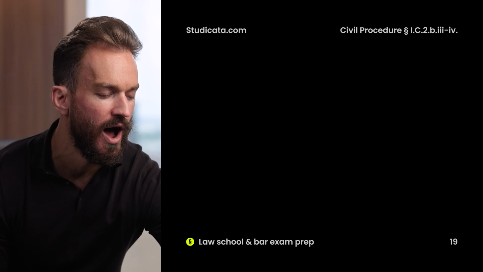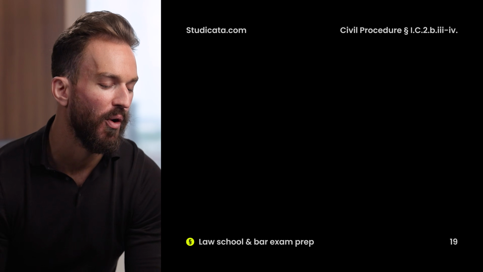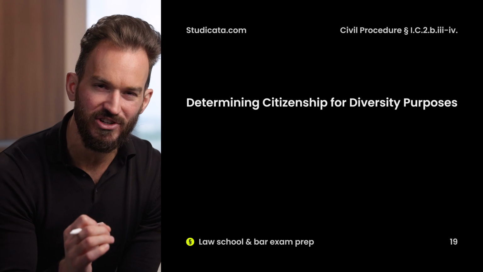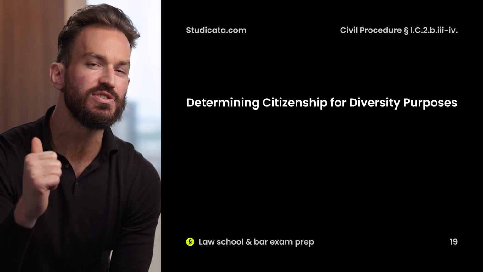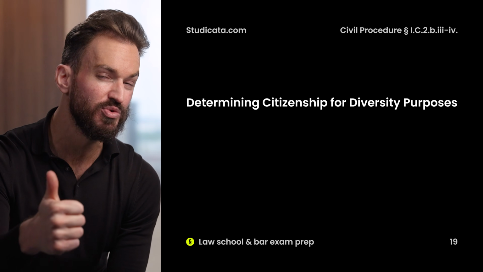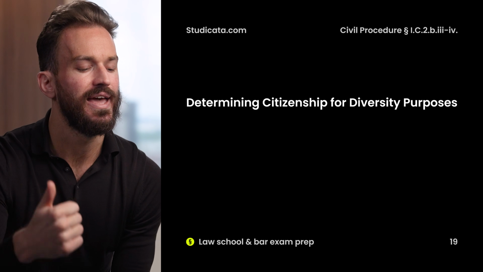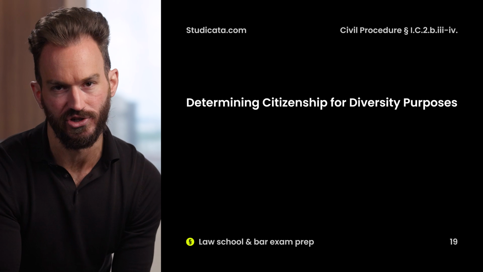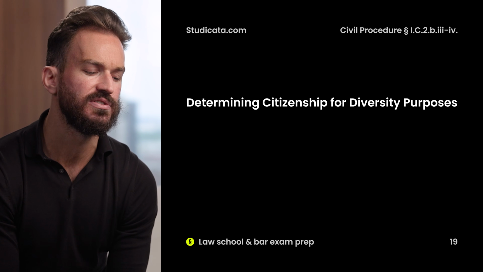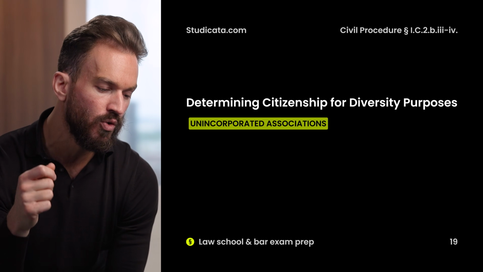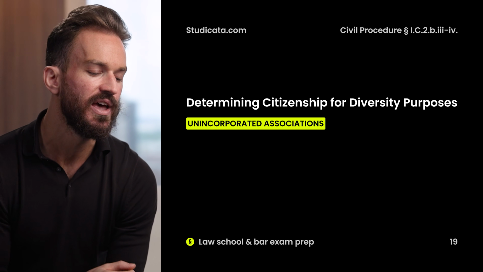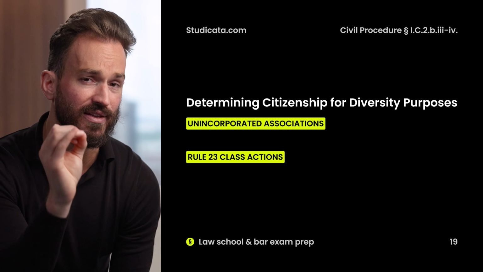All right, one other nuance here we need to go over. Determining citizenship for diversity purposes, we just went over individuals or natural persons and corporations. There are 2 other classes we need to think about. We have unincorporated associations and Rule 23 class actions.